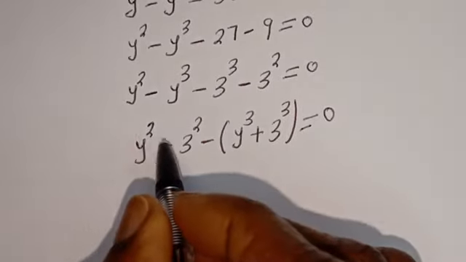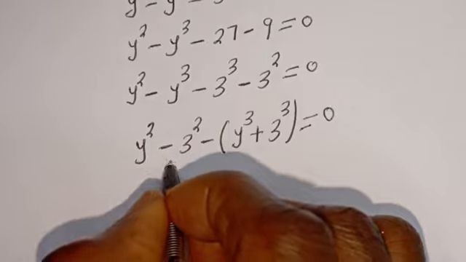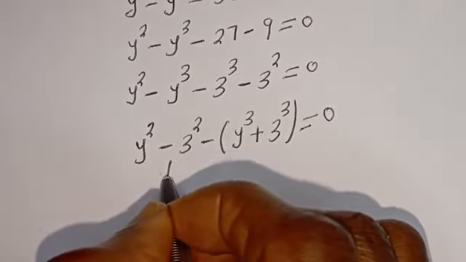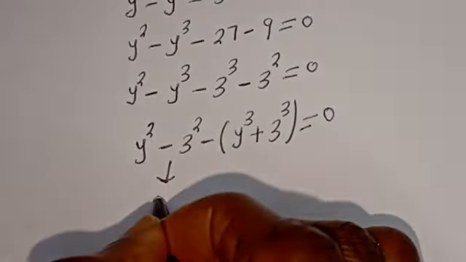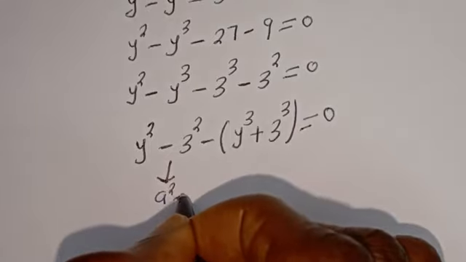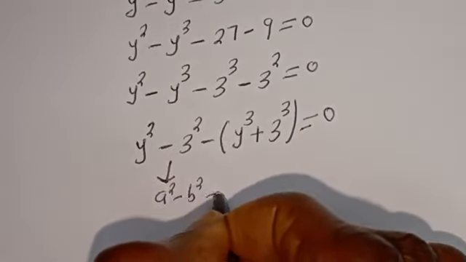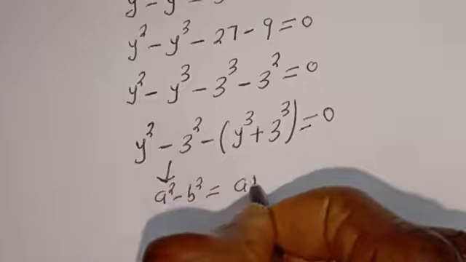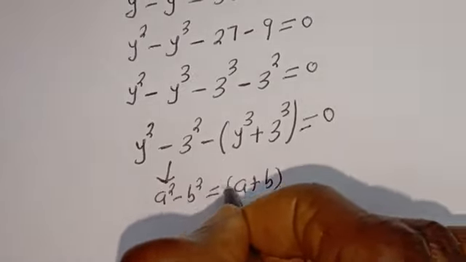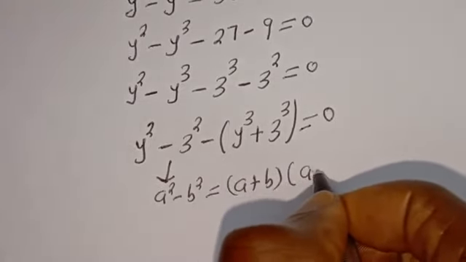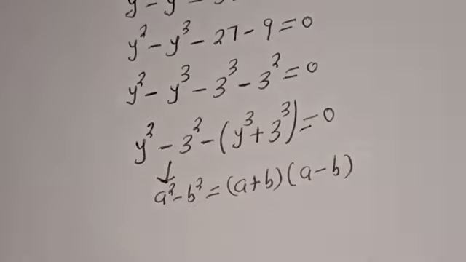If you look at y squared minus 3 squared, this is in the form of a perfect square difference. That is, a squared minus b squared is equal to a plus b bracket a minus b.